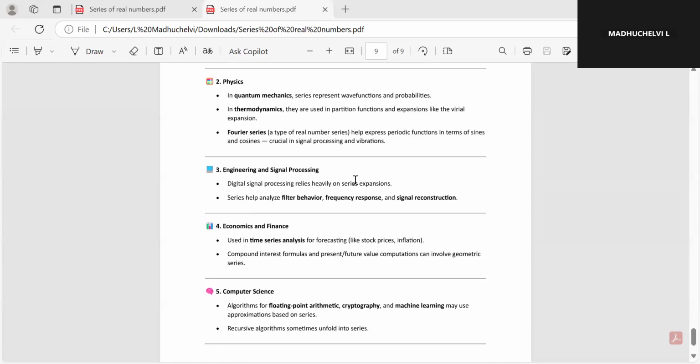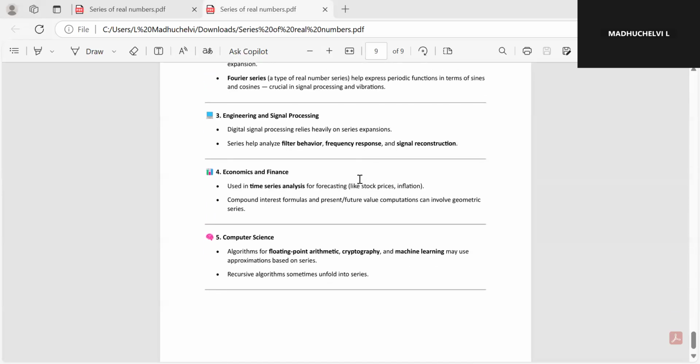Fourier series help express periodic functions in terms of sines and cosines, crucial in signal processing and vibrations. Then in engineering and signal processing, digital signal processing relies heavily on series expansions. Series help analyze filter behavior, frequency response, and signal reconstruction.